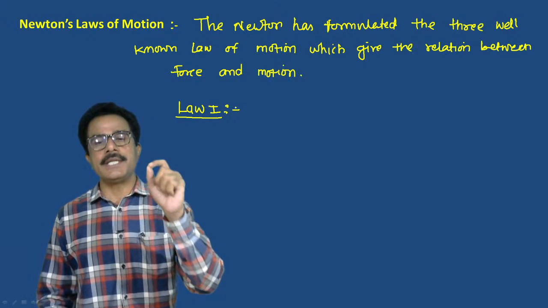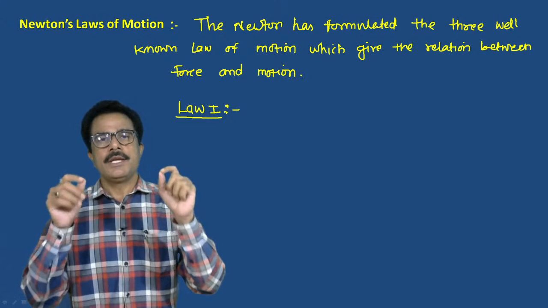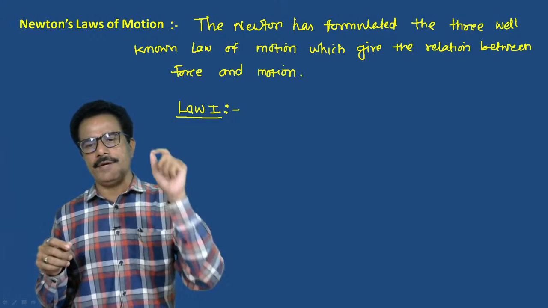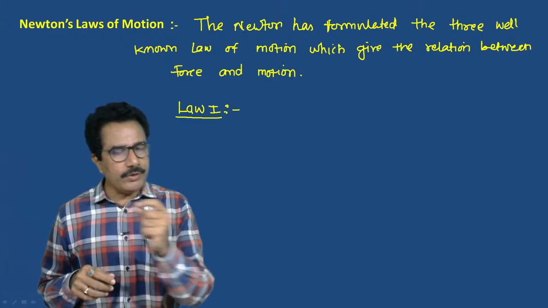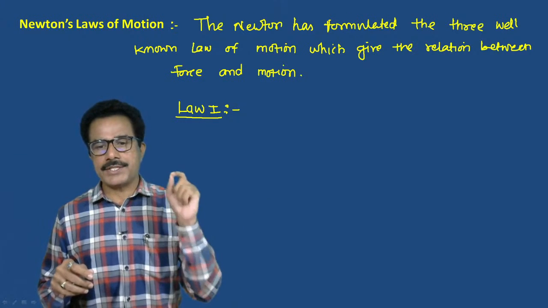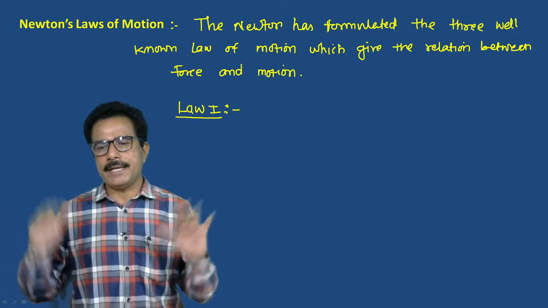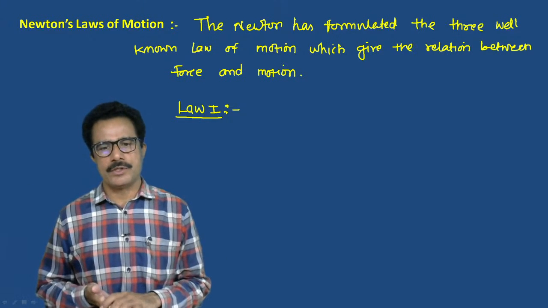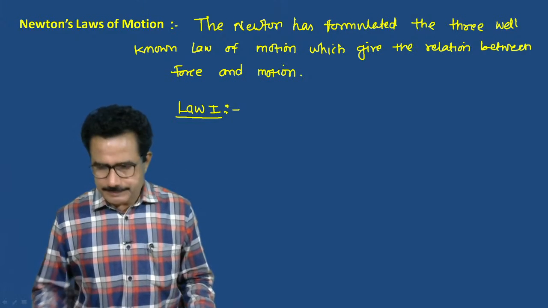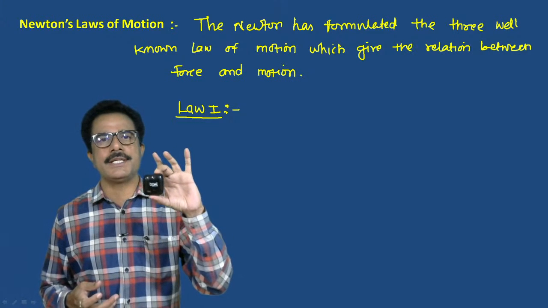Newton's first law of motion: every body continues in a state of rest or uniform motion in a line, except in so far as it is compelled by the impressed force to change the state. Suppose this is a rigid body.